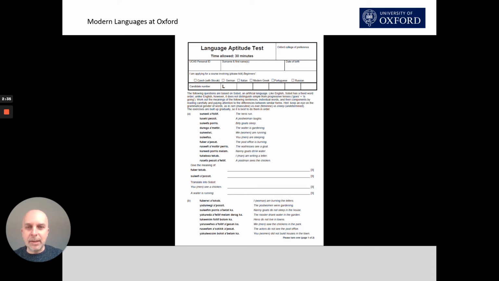So in this case here, for example, there is an introduction to the language which points out that if you're trying to work it out, you should keep an eye on the grammatical gender of words, as in ram being a male sheep versus ewe being a female sheep versus sheep being undetermined, and to use that hint to try and work something out about how these sentences in this made-up language work.